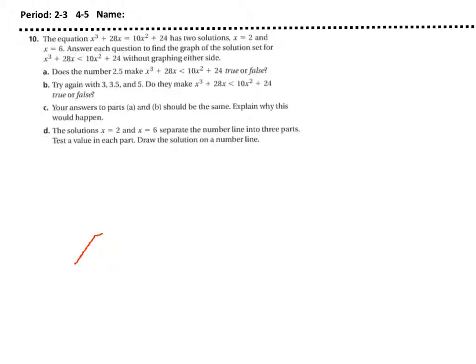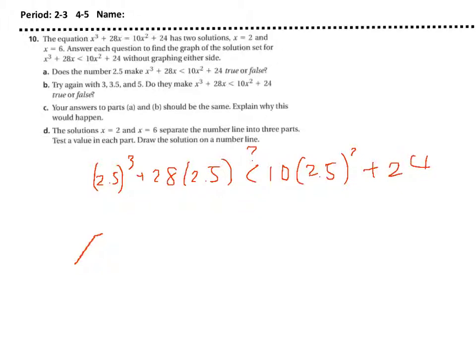Okay, so what I want you to do is plug in 2.5 in there. 2.5 cubed plus 28 times 2.5. Is it less than 10 times 2.5 squared plus 24? Do that calculation and say if it's true or false.